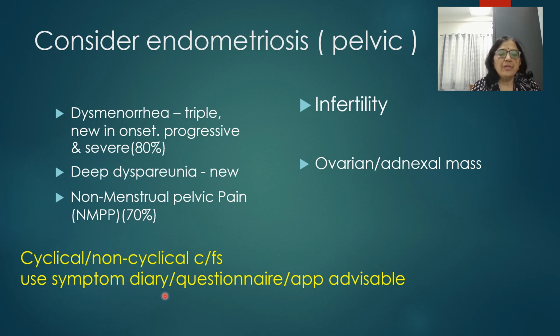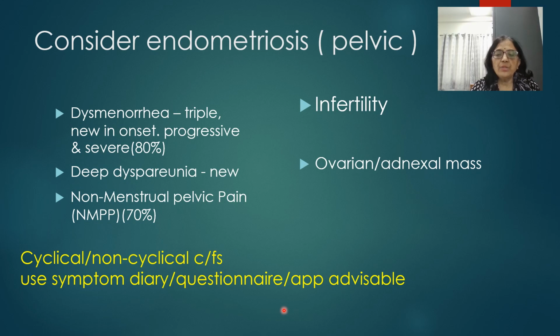Use of a symptom diary, questionnaire or apps. This is the latest recommendation by the ESHRE guideline 2022, that is the European Society of Human Reproduction and Embryology. This is the society which gives guidelines, and they review and redefine the guidelines very frequently.